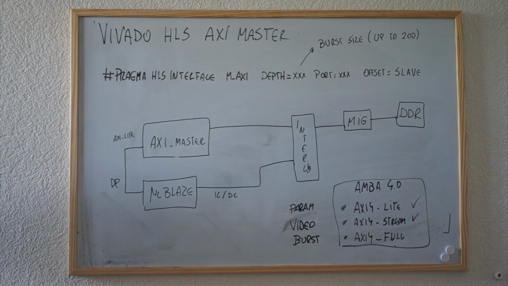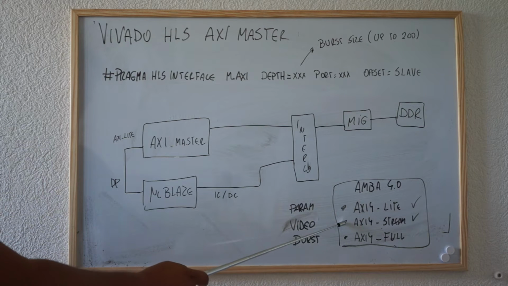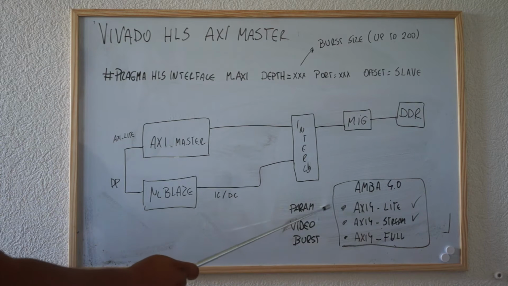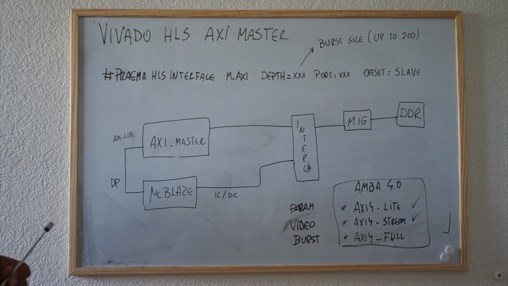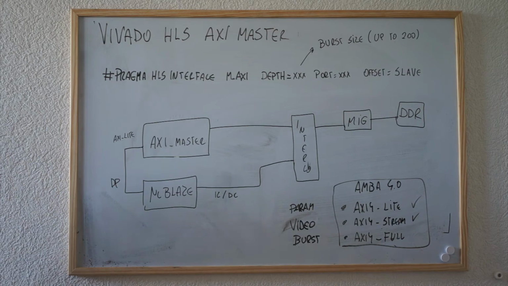Stepping back a little bit, up to now we studied the AXI4-Lite, the AXI4-Stream, and now the AXI4-Full. The AXI4-Lite, as we saw in previous videos, is good for parameters or stuff that are not too big. I mean, it's not a good idea to transfer a whole image using this interface.